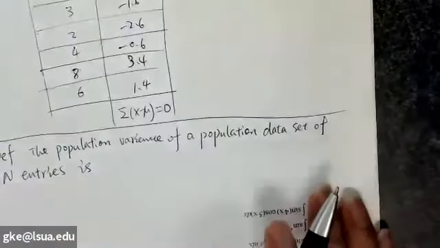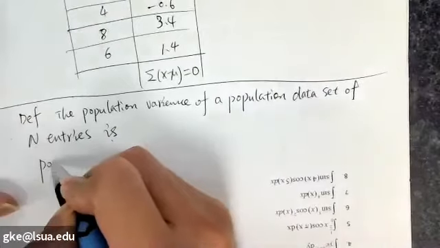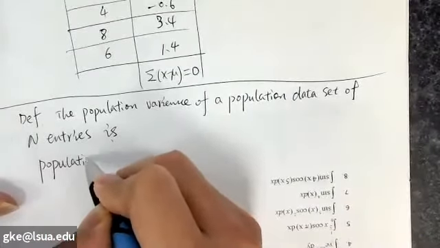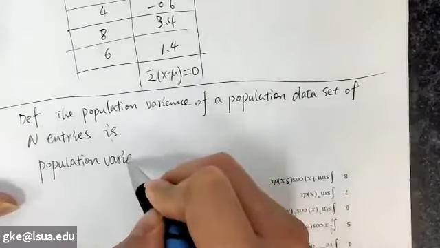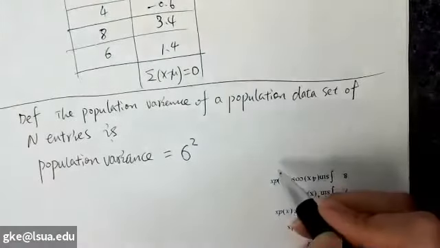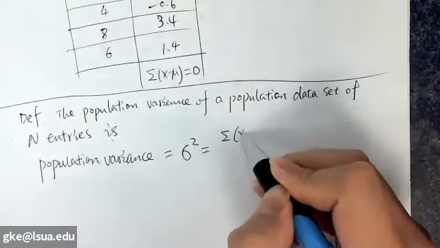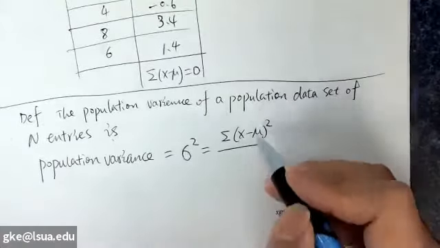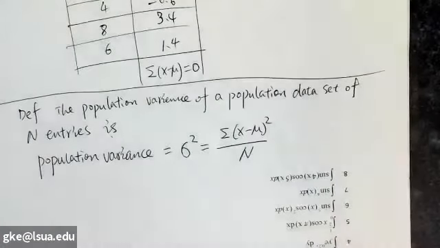Take a look. The population variance equals sigma square, which equals the summation of x minus mu, squared, divided by n. Okay, so that's a definition.